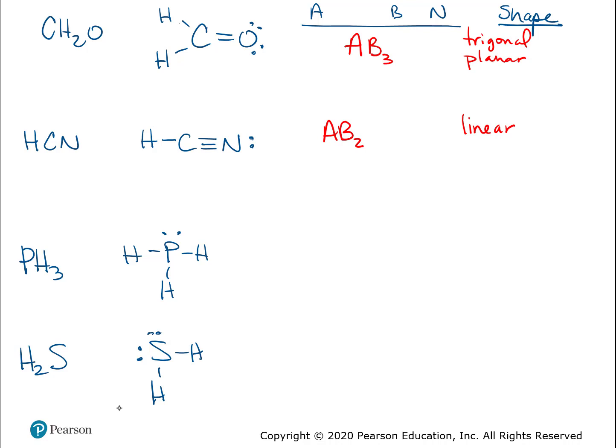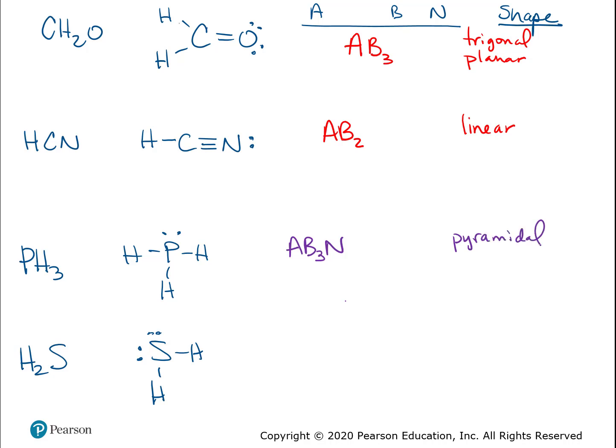Okay, what about this phosphorus? So PH3. This would be AB3N, right? Because remember, N is per pair. So if you have 2 electrons, that's 1 N. 4 electrons would be 2 Ns. And this one is the pyramidal.